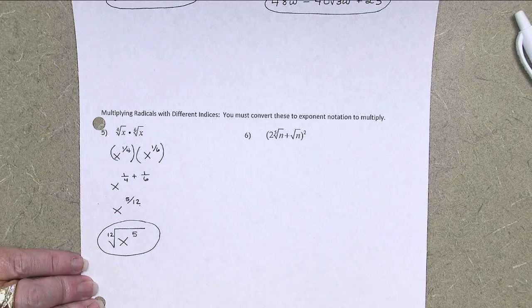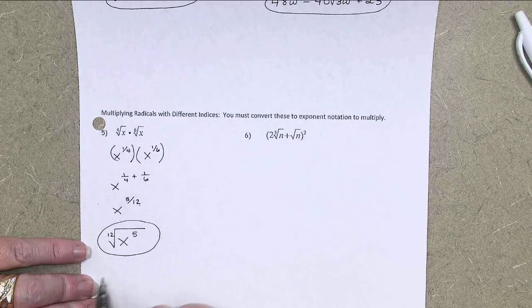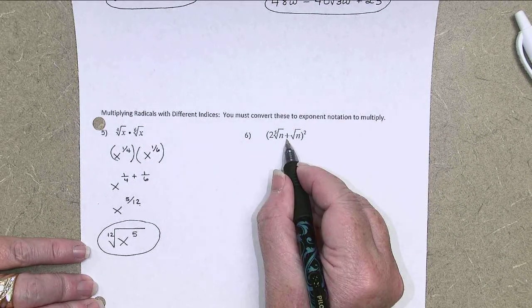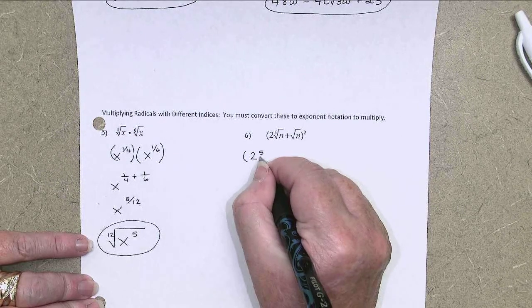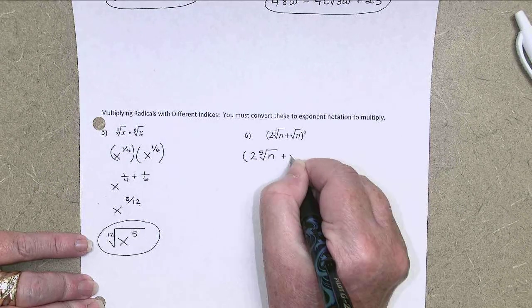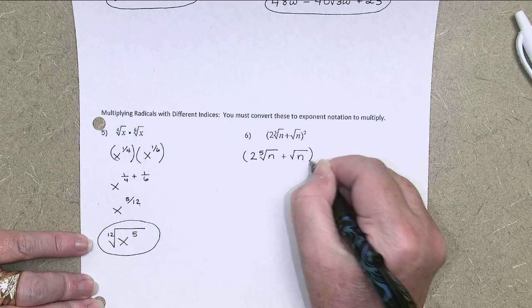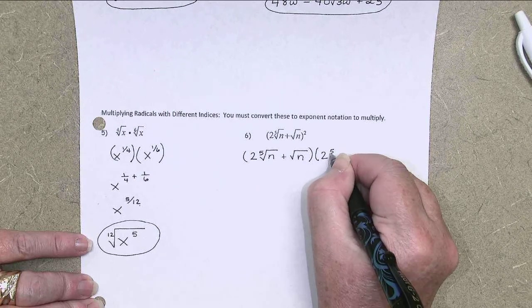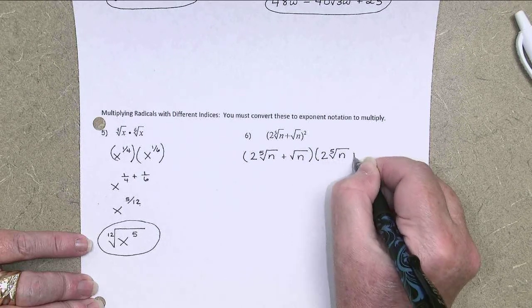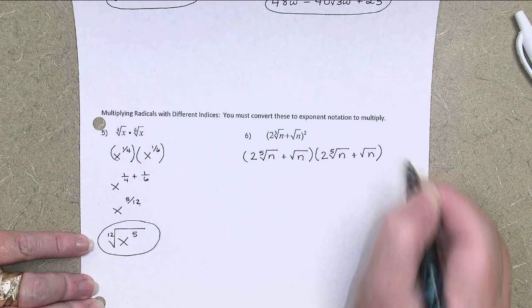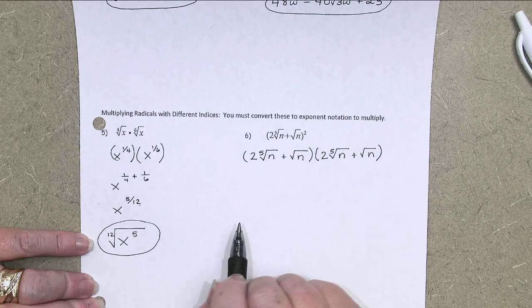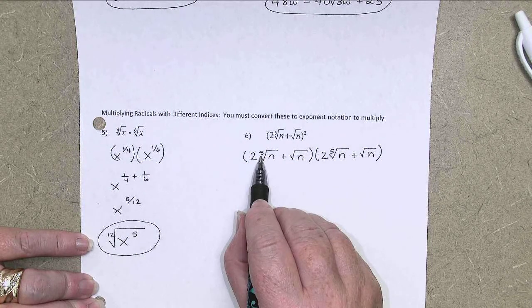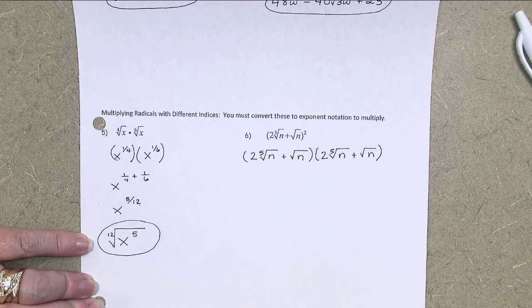All right, I can do something similar over here. This is a binomial, and I want to square it. So for starters, I know that I need to multiply it by itself. I am going to run into trouble with the fact that I have two different indices, a 5th root here and a square root there.